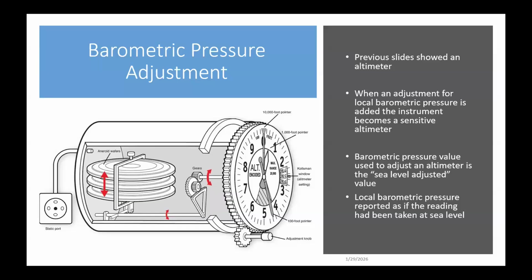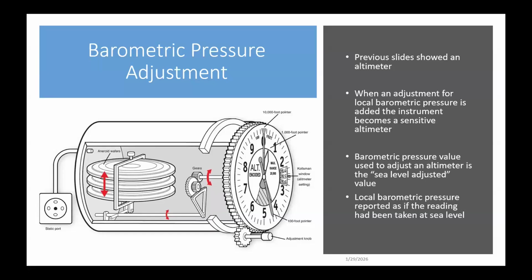But by setting the Kollsman window to the sea level adjusted pressure, then everybody that's adjusted to that sea level adjusted barometric pressure is all working from a common reference.